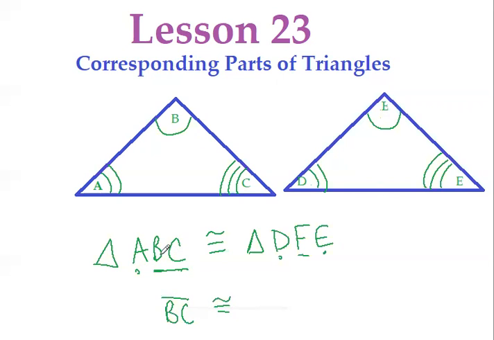Well, BC was the last two listed, so if I keep going in the same order, it must be FE. Now we're going to look at our triangle and make sure, but BC is this line right here, and so that would match to this line over here, so these line segments are the corresponding parts of these triangles.